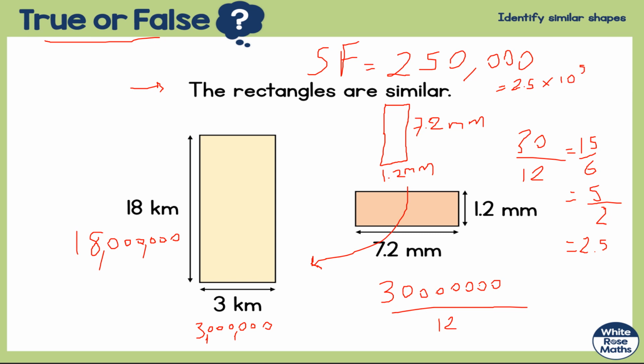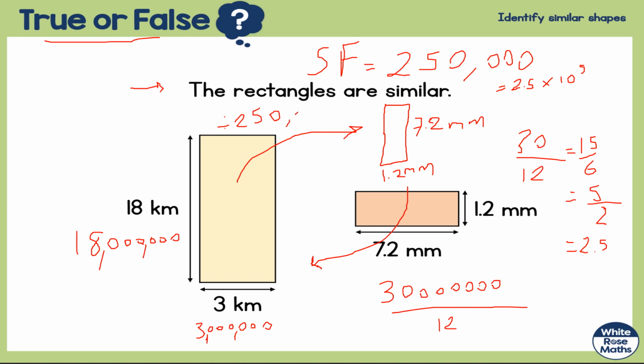So that's my scale factor, and that is correct. To go from here to here, times by 250,000, and to go from here to here, I'm dividing by 250,000 millimeters. Sorry for waffling there, but hopefully that makes sense.